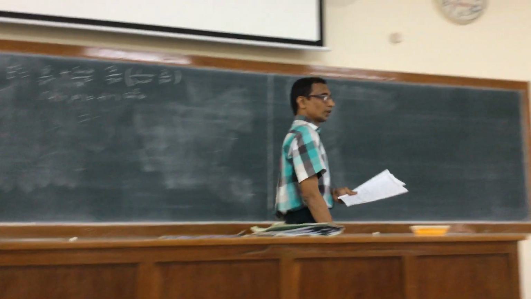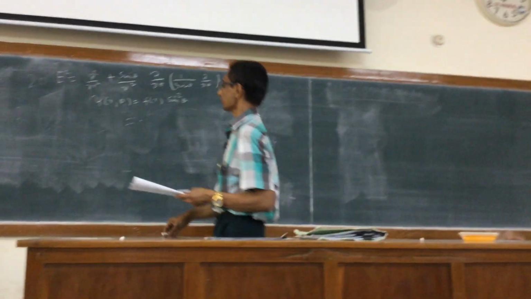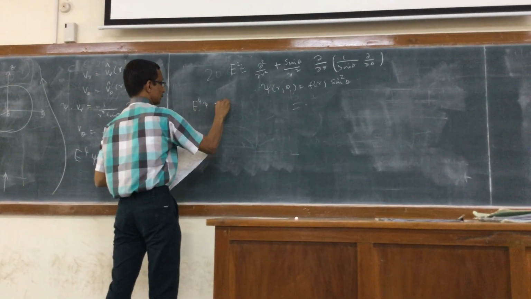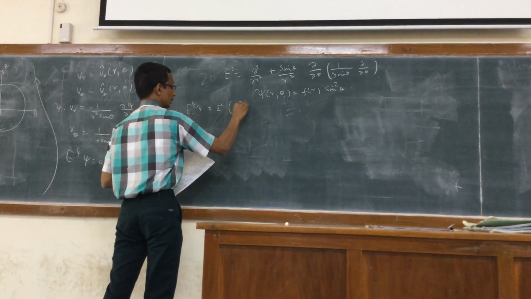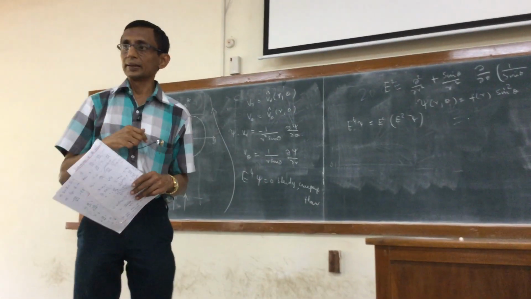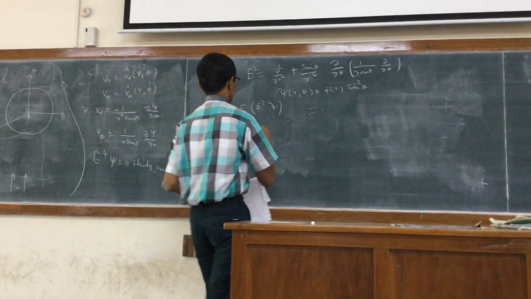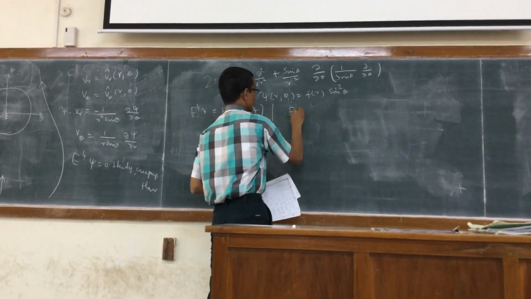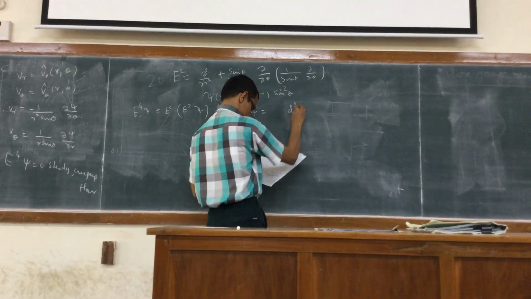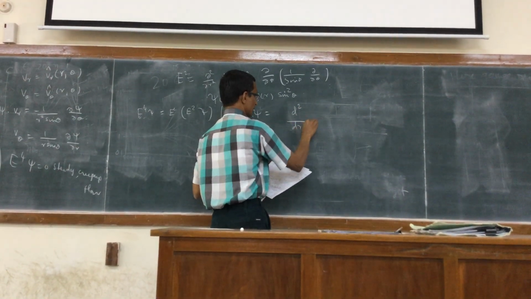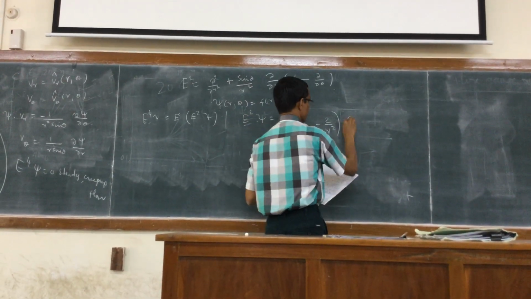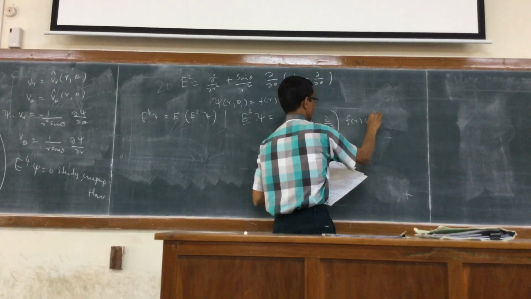When you substitute it first into E squared psi, because E power 4 psi is nothing but E squared acting on E squared psi, and we are given the formula for E squared directly. So if I do that, E squared psi we show is actually equal to d squared by dr squared minus 2 by r squared times f of r times sin squared theta.